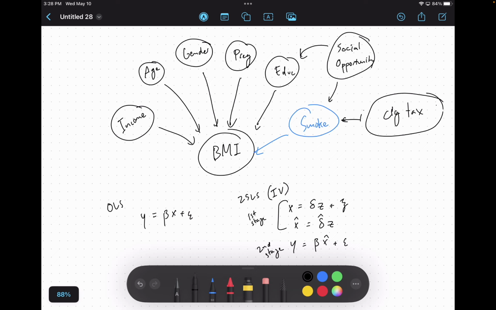Okay, so what was your comment? I was thinking about the interaction term, if you want to look at the impact of a cigarette tax on smoking, or eventually BMI, so looking at smoking first, right?